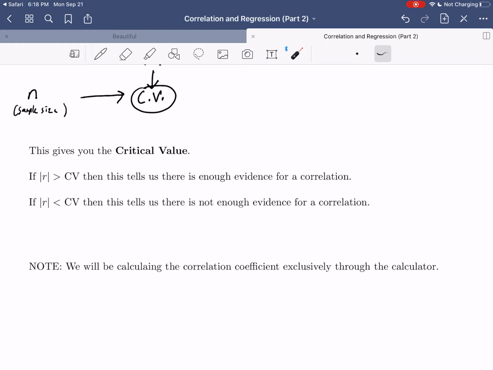It's very short, it's only about 5-10 minutes. Watch that and then come back to this video to finish up the last example where we will actually take some data and calculate this correlation coefficient and use it to diagnose if we have enough evidence. So if you haven't watched the calculator demo video, go ahead, pause this one and watch that now. Otherwise, let's get to that example.